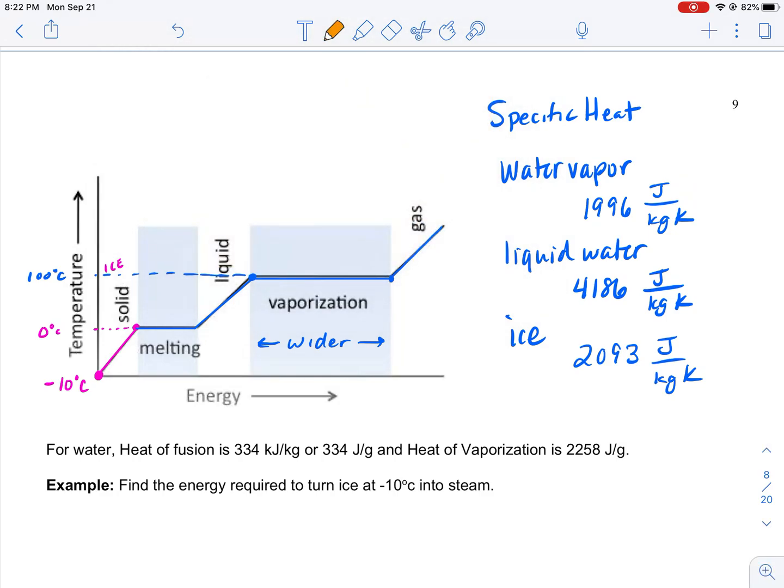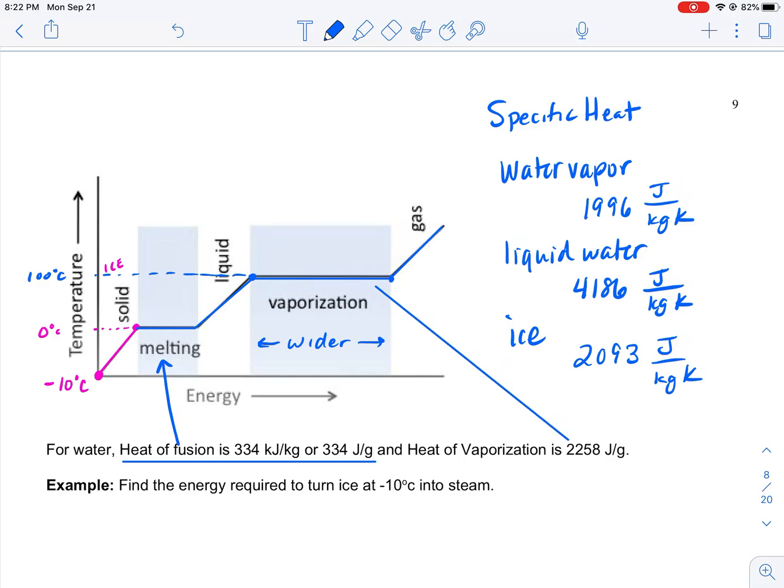One thing that I wanted to make sure to mention, by the way, is that down here we've got the heat of fusion. The heat of fusion, again, is going to be the heat it takes to change something from solid to liquid or vice versa.